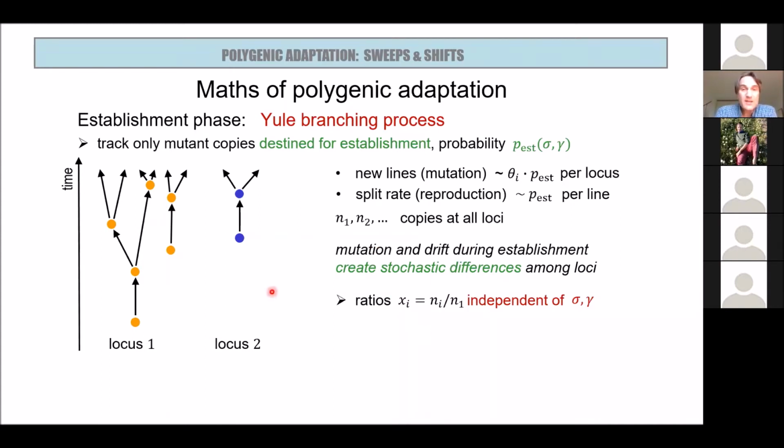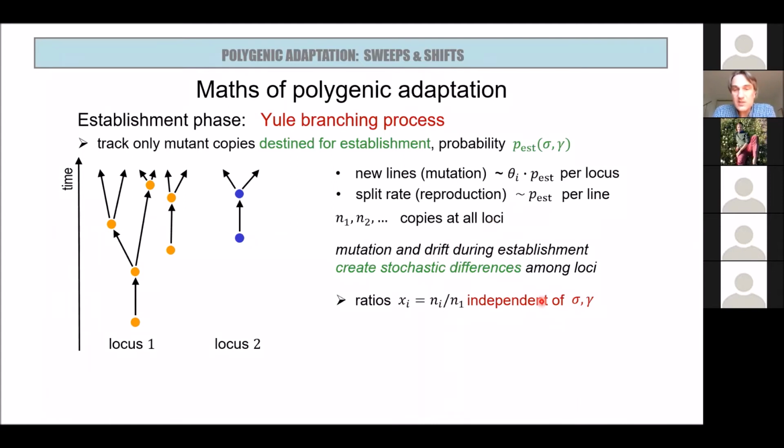But the one interesting thing is that these ratios in this number of lineages always depend on the mutation drift here, but they are independent of the selection strength.